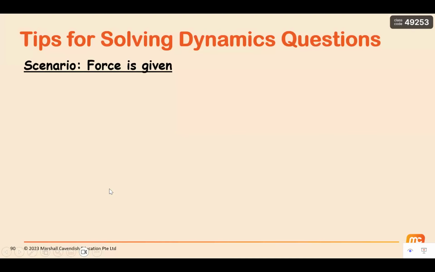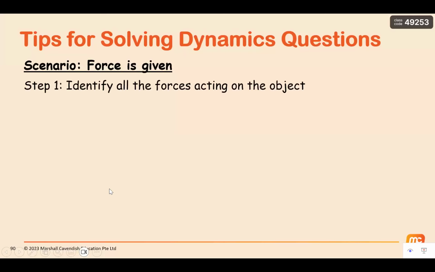Okay, then we move on to the second scenario whereby the motion is not given, but the forces are given. It might be the resultant force that is given, or it might be the individual forces that are given. So step number 1, some forces are given in the question. The first stage that you need to do is identify all the other forces acting on the object. So it will be good to draw a free body diagram that shows all the forces acting on the object.